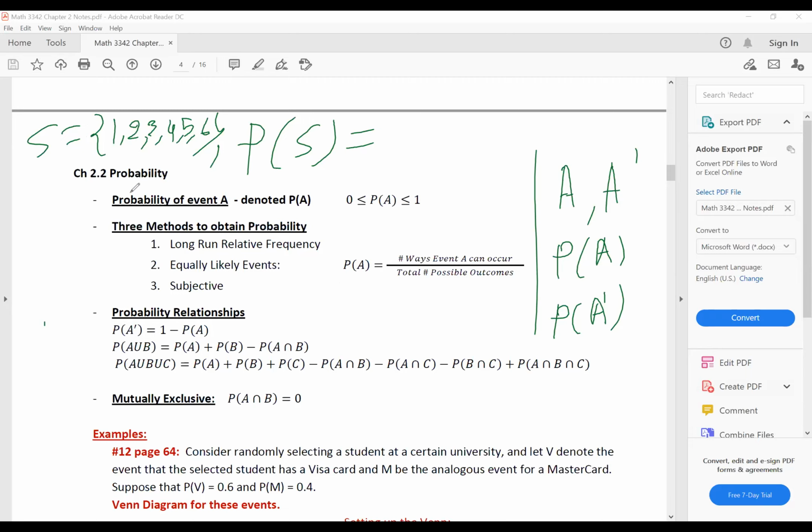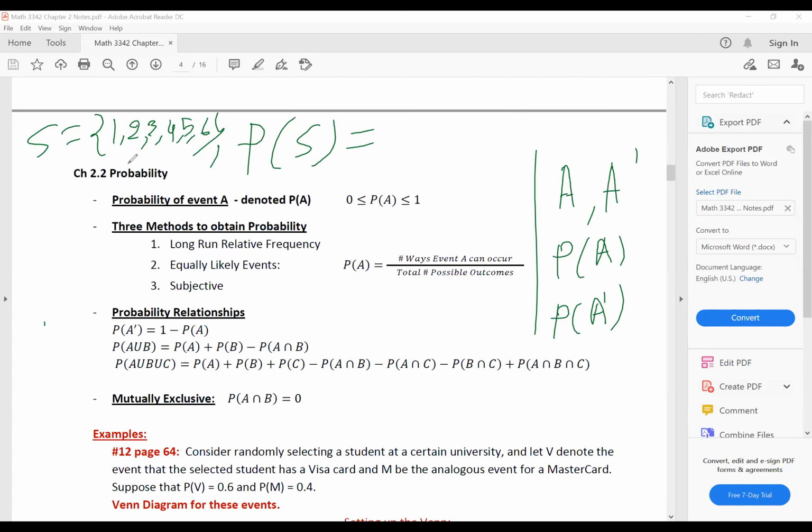That's fine. But my question is, if I roll a die, then it will appear either 1, 2, or 3, or 4, or 5, 6. So what is the probability? 1, right? Because it is certain that any of these 6 numbers might occur, right?